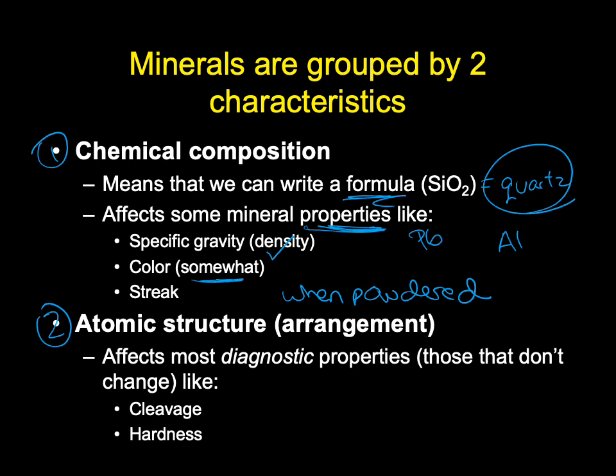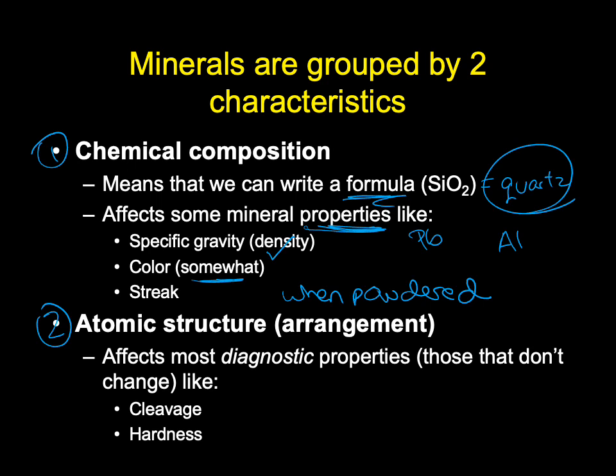So streak may not change, and that's a very important diagnostic or unchanging property of the mineral, even though small contamination in the mineral can give its outward color a very different look. So the streak color is dictated by the chemical composition, just like the outward color is.